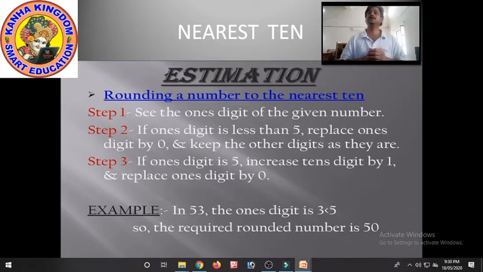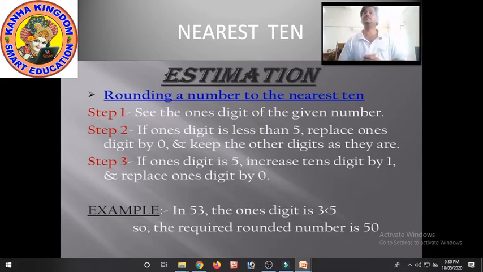See, there are 3 steps to find the number which is nearest to 10. Okay, so first I will explain the 3 steps of nearest 10. First step, see the ones digit of the given number. Whatever the number is in front of you, first you see the ones digit.